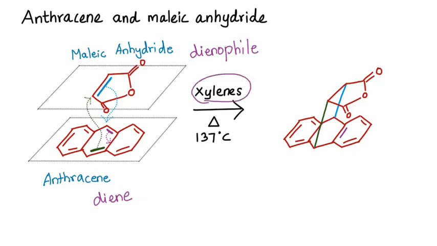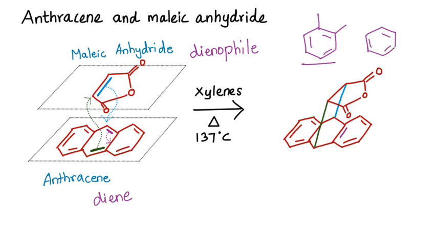Xylenes is one of the solvents. This is xylene. This is benzene, this is toluene, this is xylene. Two methyl groups on a benzene is xylene. Why do we put S next to xylene? Because the bottle of solvent we have in our lab is not one xylene, it has two or three types of xylenes.